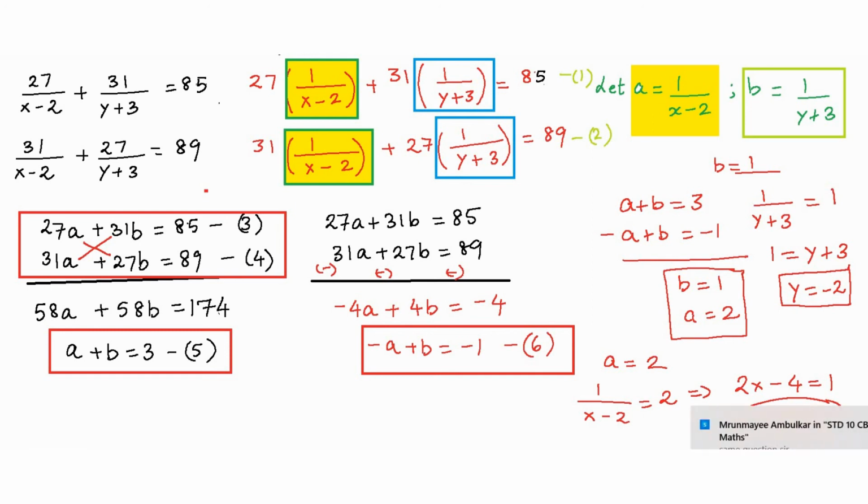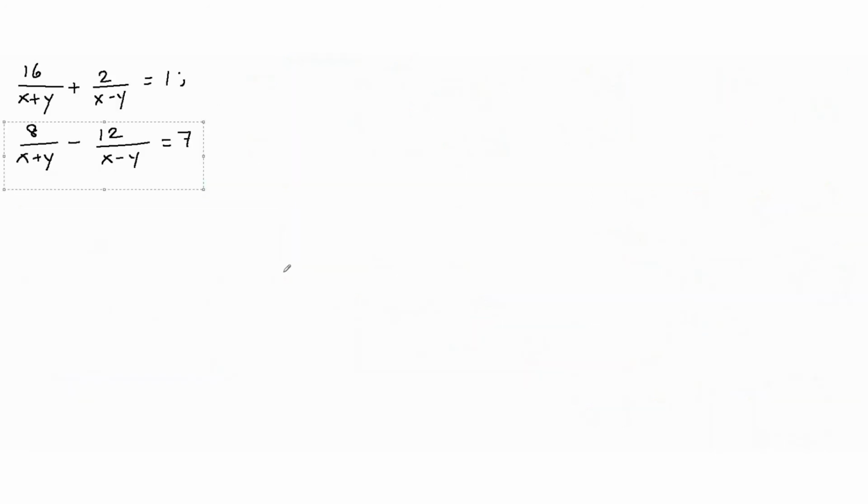Okay, let me take one more equation now. Let us now consider this set of simultaneous equations. I notice that both the equations have x plus y in the denominator as well as x minus y in the denominator.